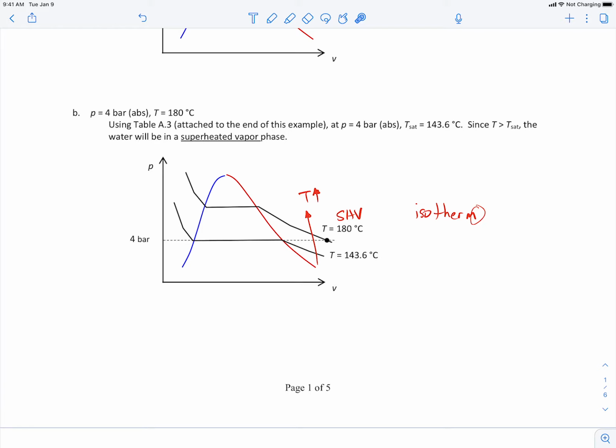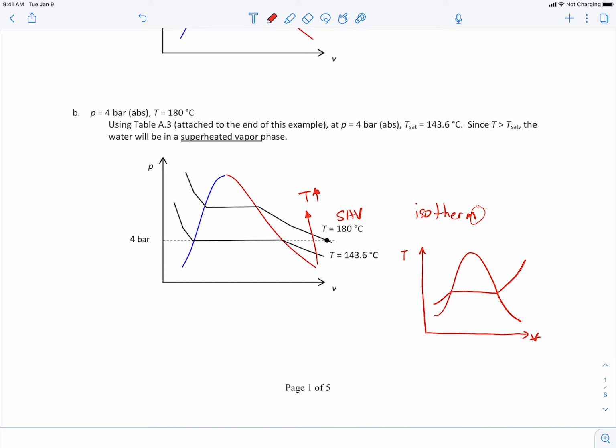All right. And just if you wanted to see what it looked like on a TV diagram, let me quickly sketch that one here. So here's specific volume. Here's temperature. I'll draw the vapor dome here. Let me draw in a couple of isobars.